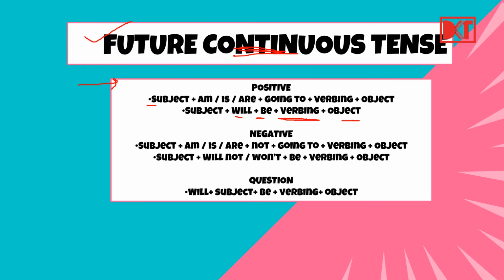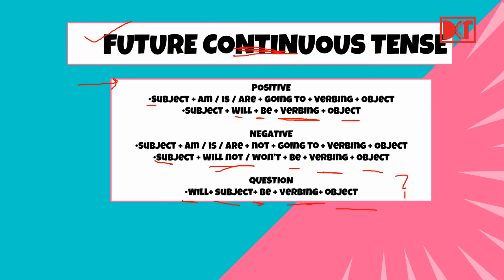Then here, in the negative sentences, subject plus will not or won't, be plus verb ing plus object. Then for a question, will, subject, be, verb plus ing plus the object, and then of course the question. Alright, so this is the formation of future continuous tense.